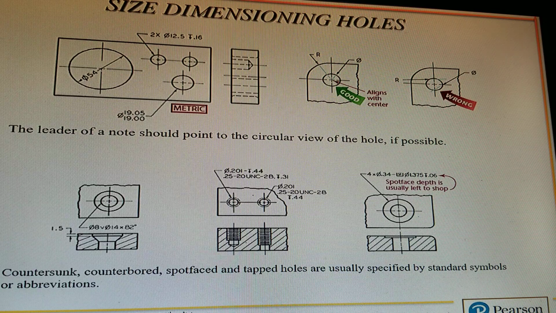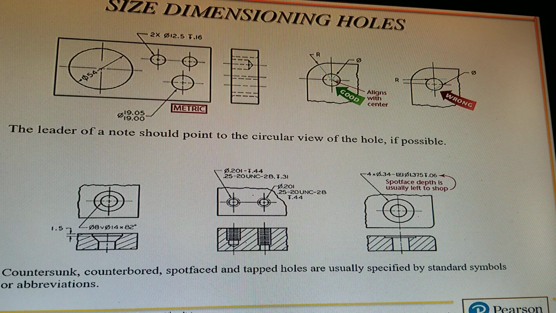And to the right there, you got a hole. If you look at the arrowheads and the leader line, they're pointing directly to the center of the circle, both of them, unlike the one on the right where it's not, and that's a bad thing. I would mark points off if I saw that.